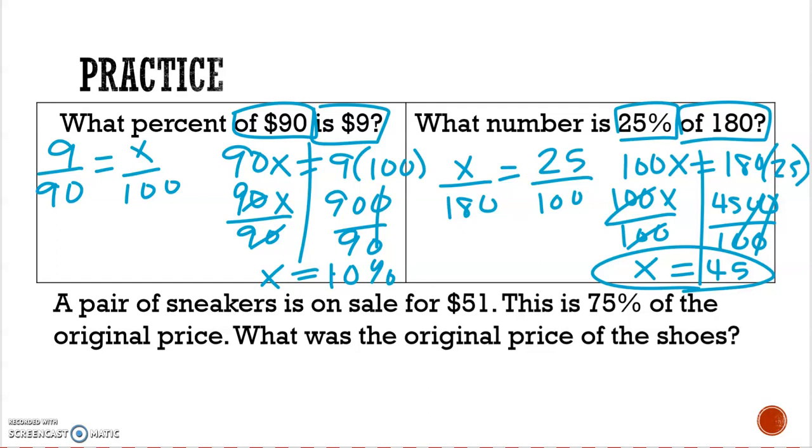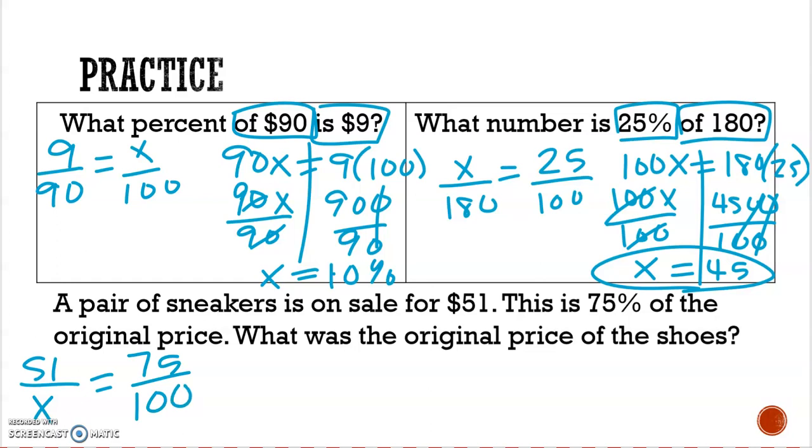And last one, a pair of sneakers is on sale for $51. This is 75% of the original price. What was the original price of the shoes? If you're buying them on sale, that means you're not paying the total amount. You're only paying part of it if they were for full price. So that means that 51 is the part, and we're looking for the original, which would have been the total. The dead giveaway for where the 75 goes is that it has a percent sign on it.